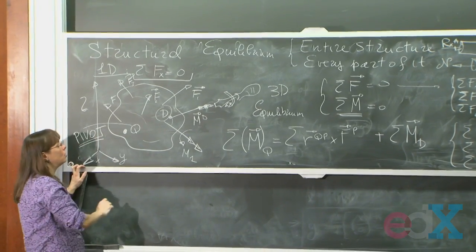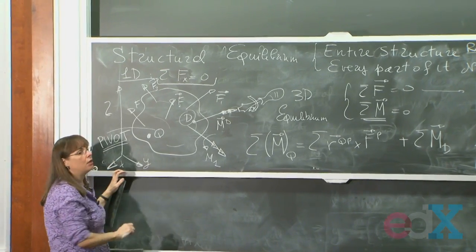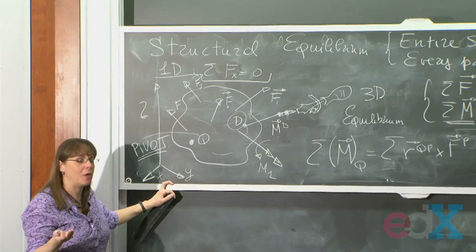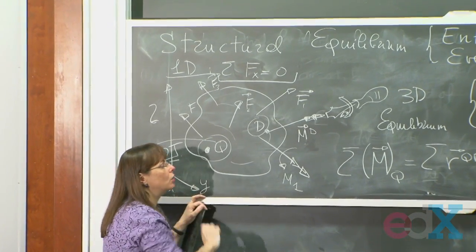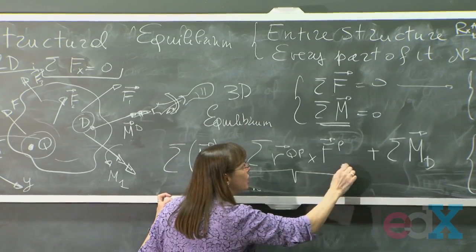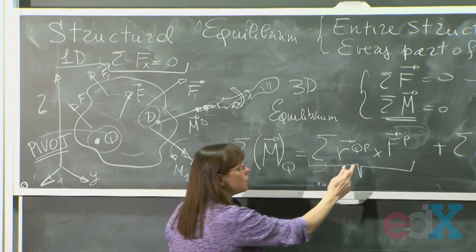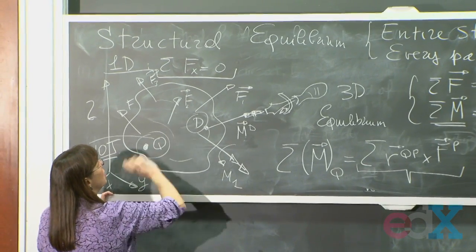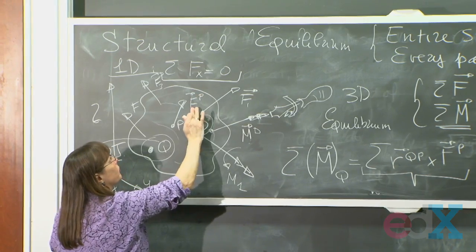That's your pivot. You can choose the pivot inside the body, or outside the body. You choose the point that you want to use as pivot to make your calculation convenient. So you choose one pivot point, Q, and then you calculate the moment of every force acting on the body with respect to pivot point Q. This is the cross product between the vector that goes from Q to P. Say, for instance, this is point P, the point of application of Fp.